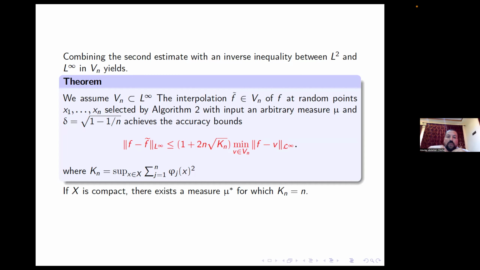You need to maximize a determinant to find x1 through xn all at once. And you get a Lebesgue constant which is smaller than n. Here, we have a constructive algorithm using randomness that can produce a set of points that also probably have low Lebesgue constant.